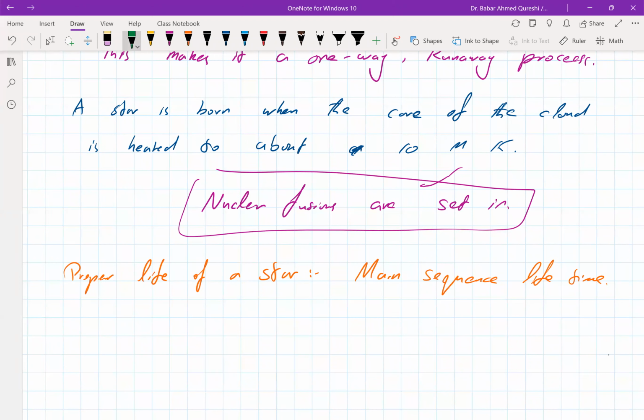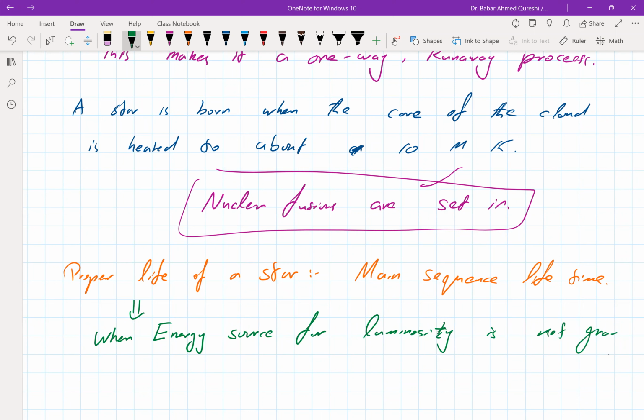This corresponds to when the energy source for star luminosity is not gravity but nuclear fusion.